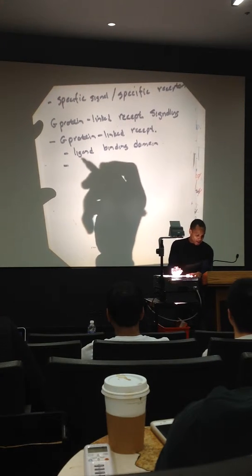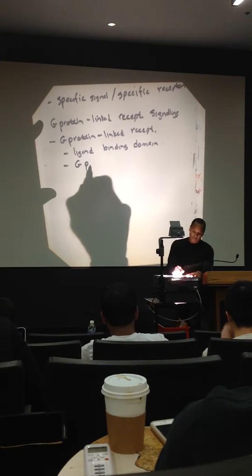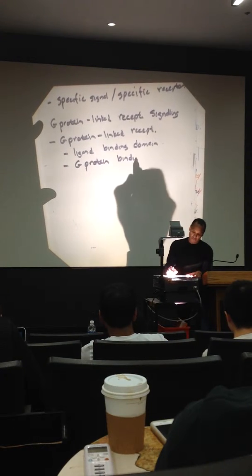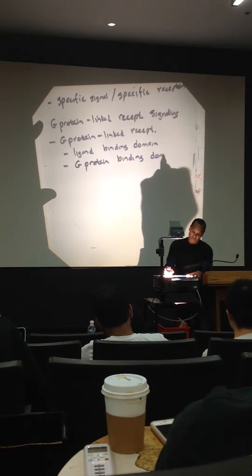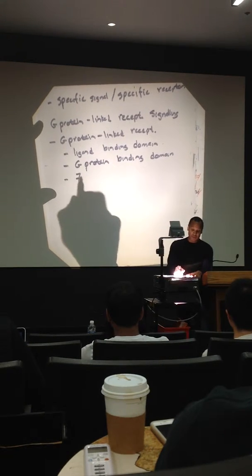They have a G protein binding domain on the inside of the cell. And what links the two of these domains are actually 7 transmembrane domain regions.